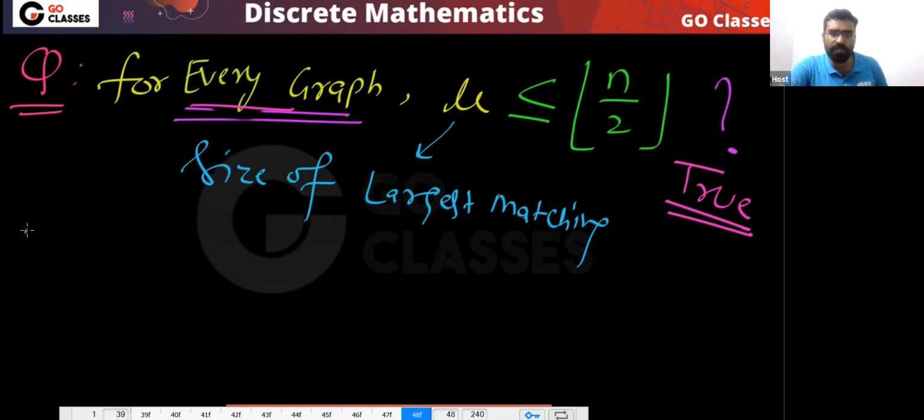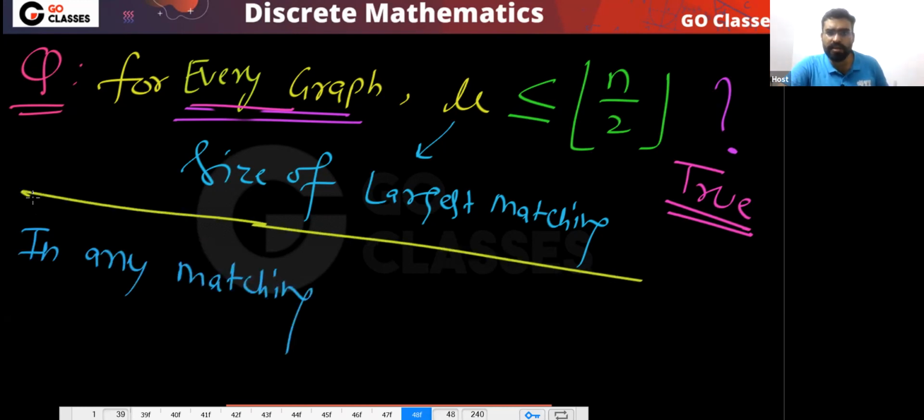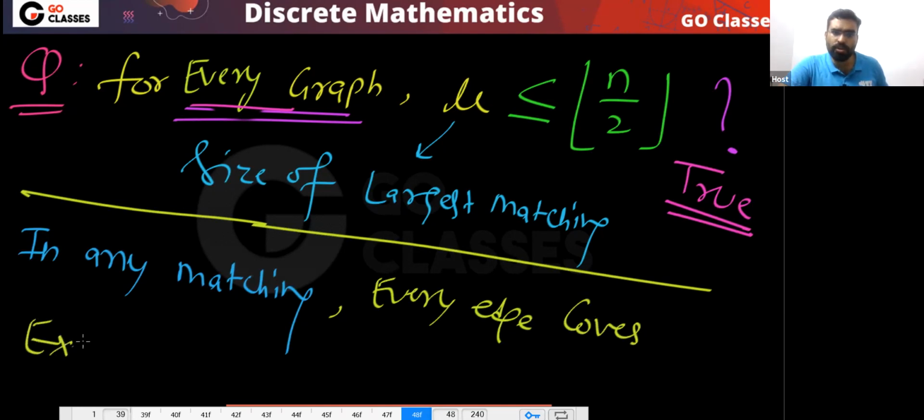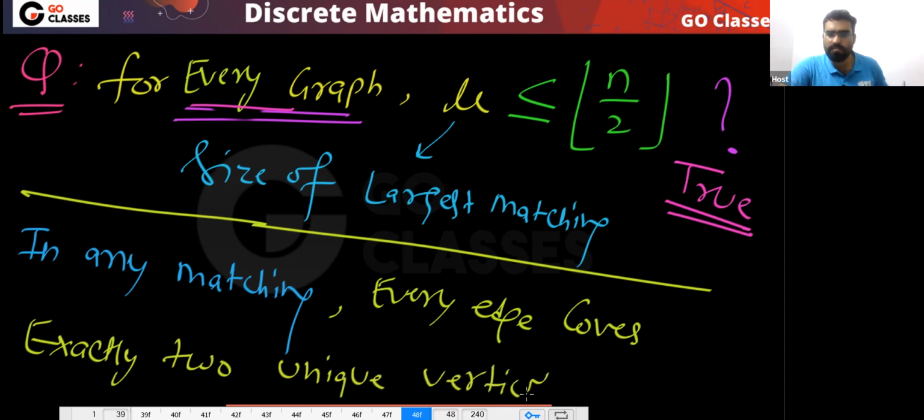So in any matching, whatever matching you take, every edge covers exactly two unique vertices. Okay, so this is the idea.